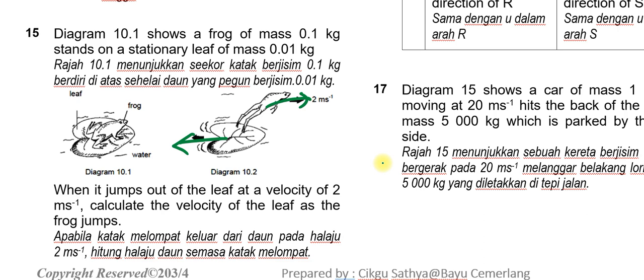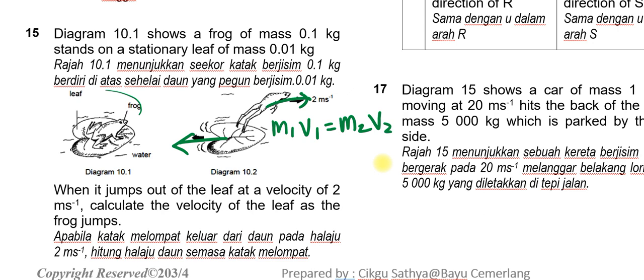Okay, so ini explosion kan, you sudah tahu kan, dua-dua tengok pergi two different direction, and two also initially was rest. Explosion dia ada dua condition saja. First, both must initially be in rest position. After doing something, one will moving to the right, another one moving to the left. Opposite direction lah basically. So the shortcut formula M1 V1 equal to M2 V2.